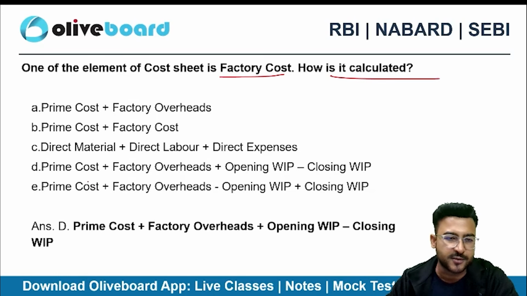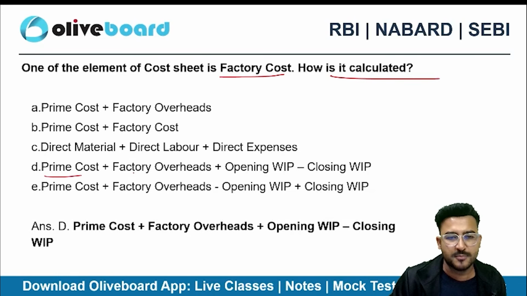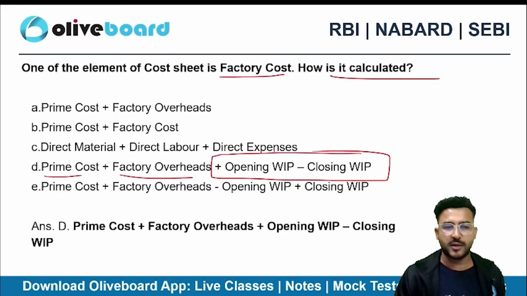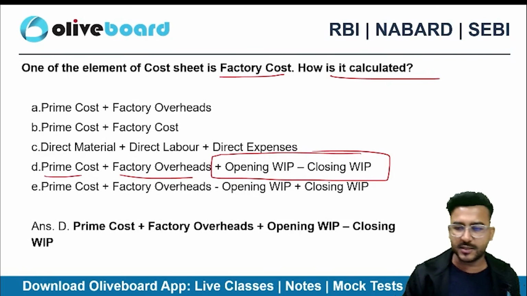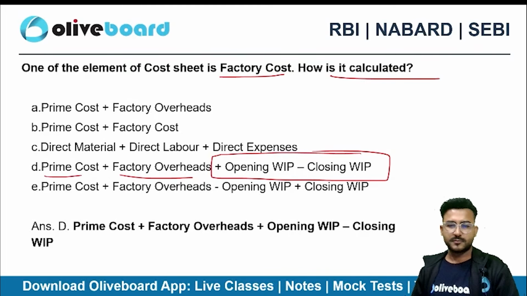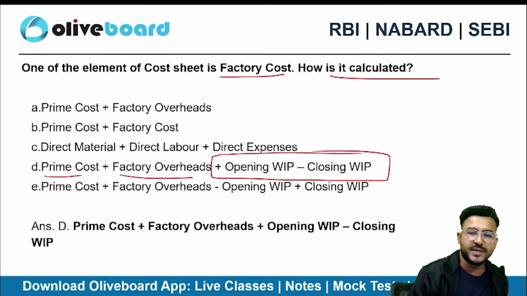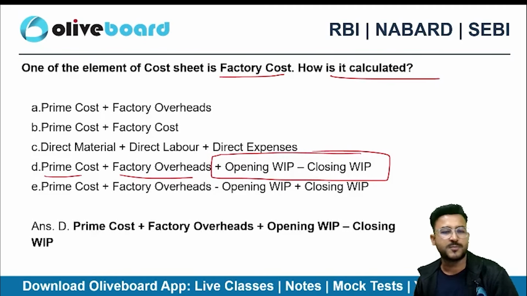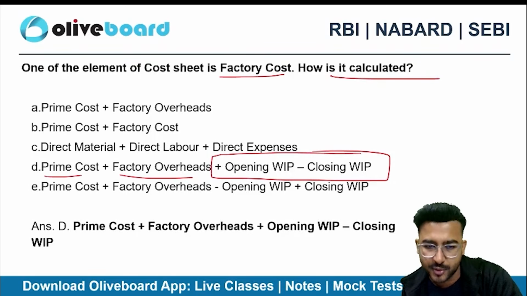The correct choice here will be option D, prime cost plus your factory overheads and your WIP adjustment is also required. Why? Because in factory only your WIP is being processed. So you need to do the WIP adjustment as well, prime cost plus factory cost plus your opening WIP minus your closing WIP.